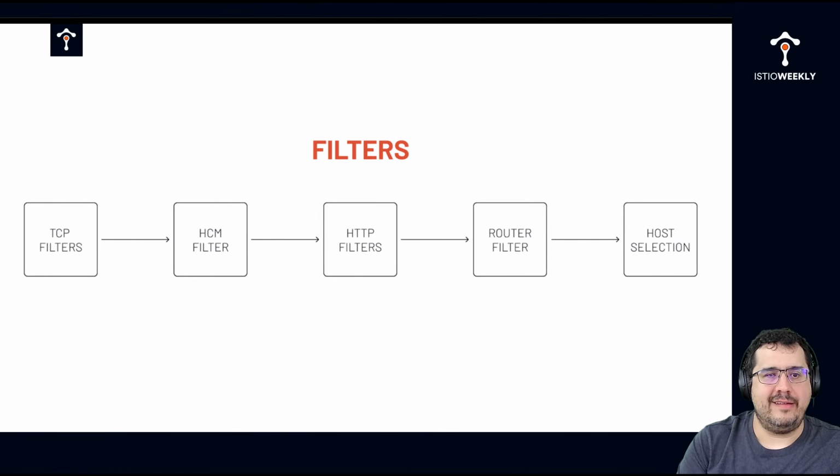Now, within the HCM filter, there's another array of HTTP filters that work with HTTP requests. So this is where you can do things on HTTP level. You can work with headers, you can interact with the HTTP body, and so on. Within this HTTP filter is also where you define your routes and the cluster selection. Now, the last filter in the chain is called a router filter, and this is the filter that will actually send the request to the selected cluster.